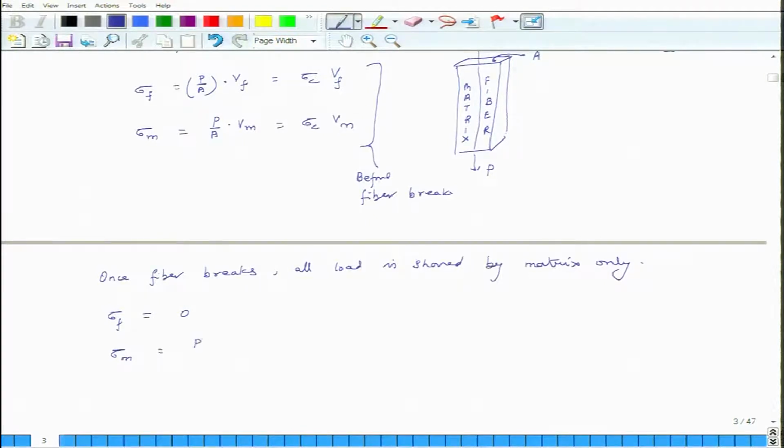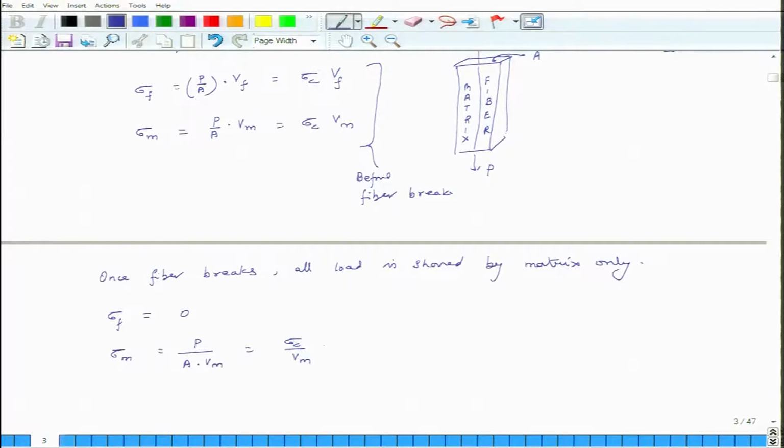Well, the total external load is force, and the area of the matrix is area times Vm. So, this is sigma C by Vm. Once the fiber breaks, all the load is shared by the matrix only, so this is the stress in the matrix.